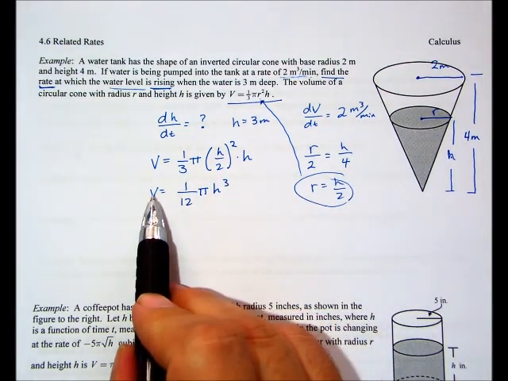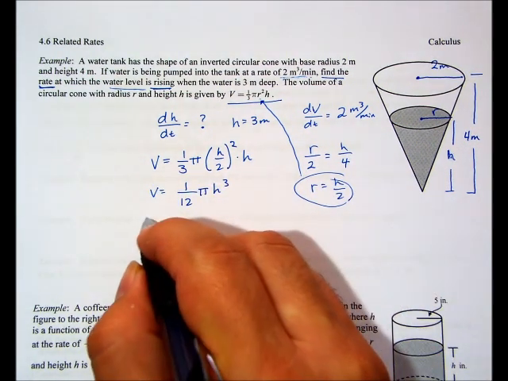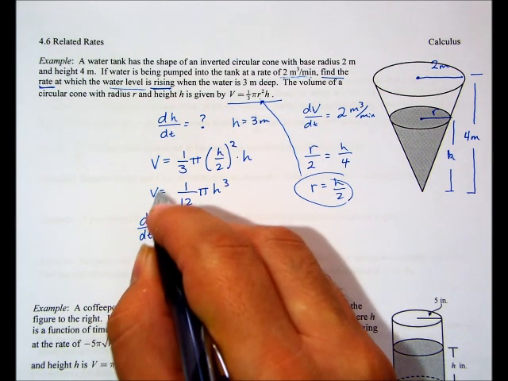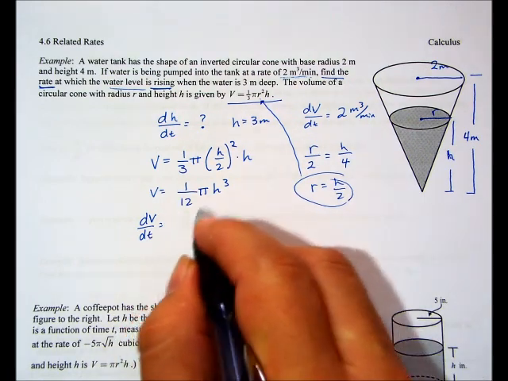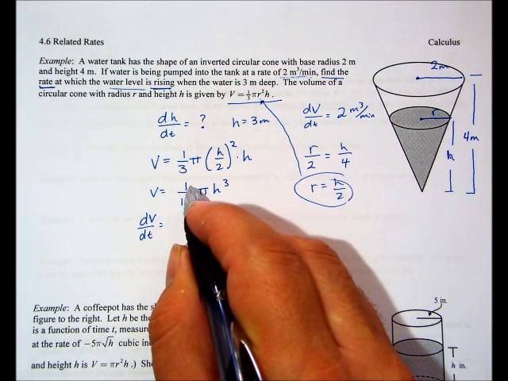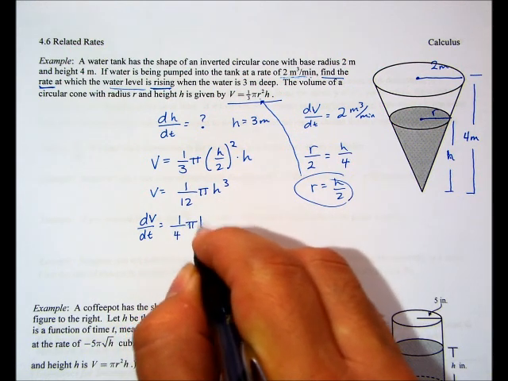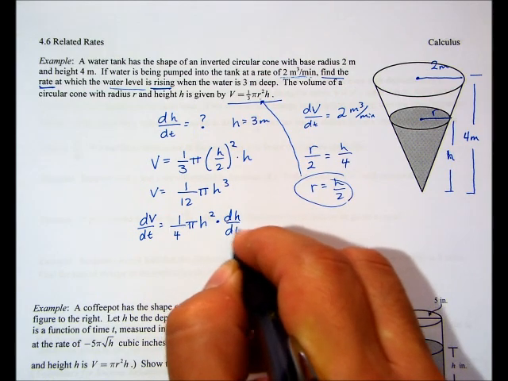So now that I have it in terms of V and h, I'm going to take a derivative using implicit differentiation. So the derivative of V with respect to time is dV/dt. Here we're just going to use the power rule. So I'm going to multiply by 3, and that's going to give me 1/4 pi h squared. We can't forget dh/dt.